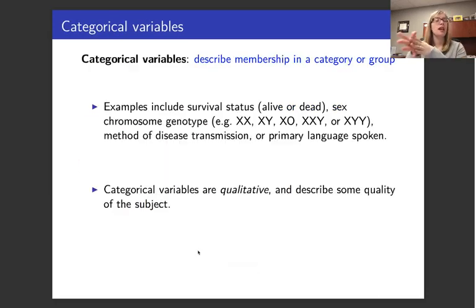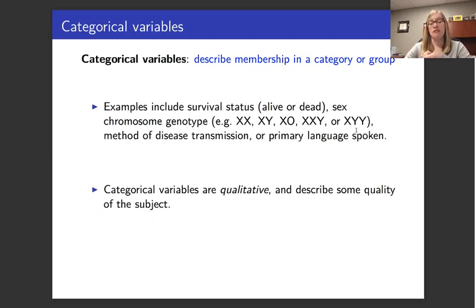So variables can be either categorical. These are variables that describe membership in some category or a group. So these are ones that take on categorical values. Some examples include survival status. If a patient is either alive or dead at the end of a clinical trial, that's a category. Sex chromosome genotype. There are a couple of different genotypes that are observed in humans. Most commonly, XX for females, XY for males. A few other genotypes that we can observe, XO, XXY, XYY.